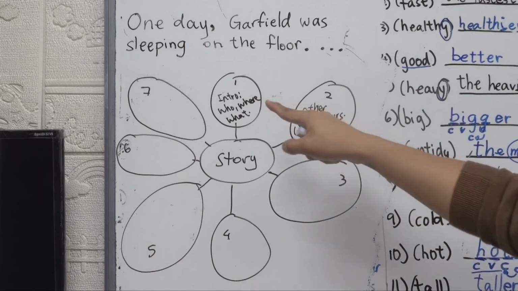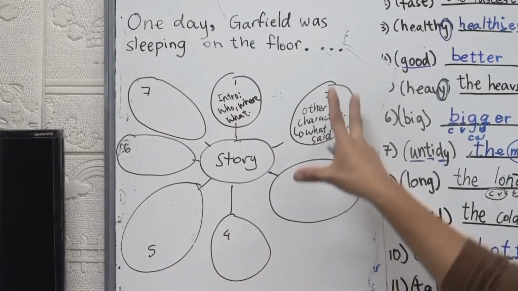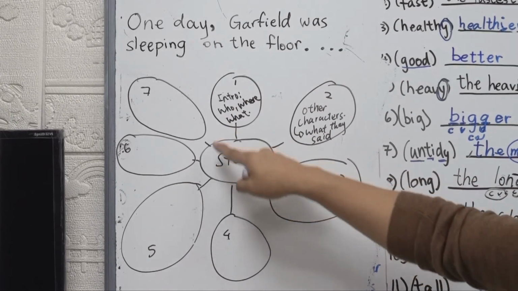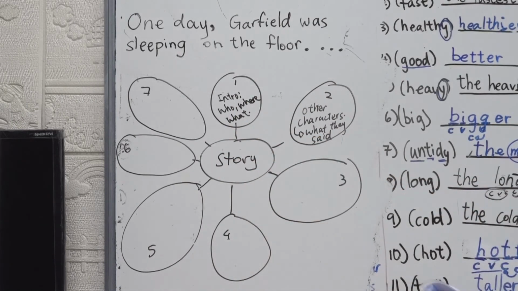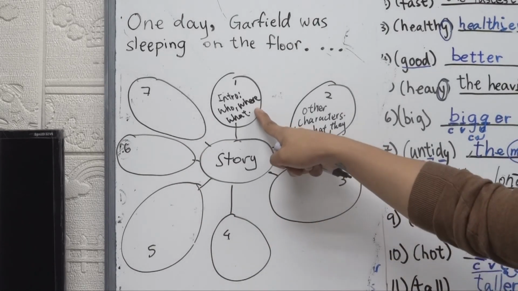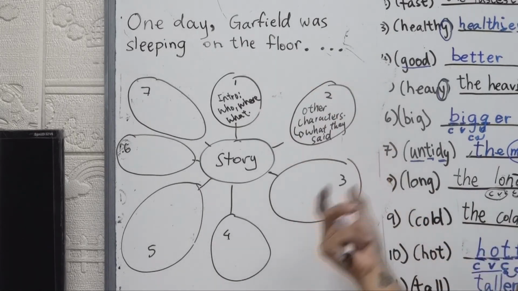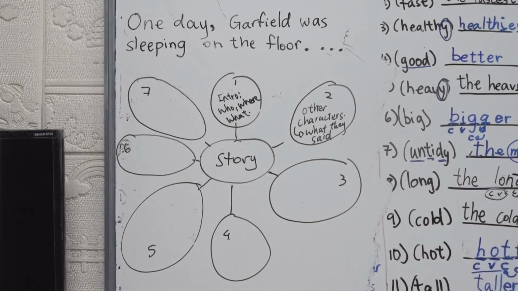So this is how we organize it. When we have all these different parts together, we can combine them into one paragraph to make a story. We can put all the things together. But of course, if number 1 comes first, we cannot put number 5 before number 1. Of course, 1, 2, 3, 4, 5, 6, 7. And please try to be creative about it. Again, you can use the superlative adjectives and the comparative adjectives together.